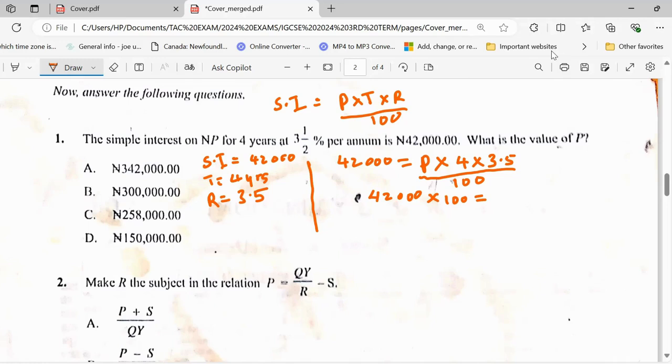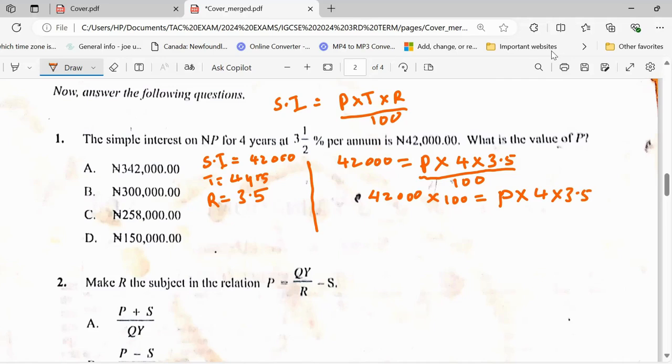That is going to give us 14. We know 4 times 3 is 12, 4 times half is 2. So that's going to give us 14. So here we are going to have P times 4 times 3.5.